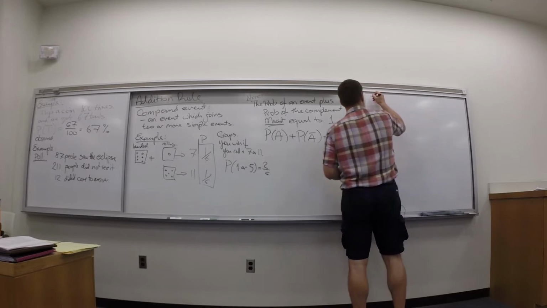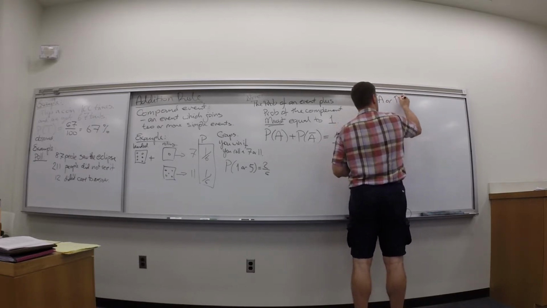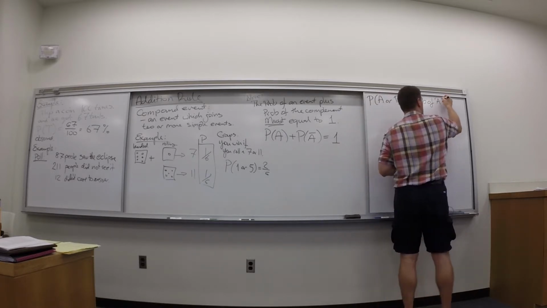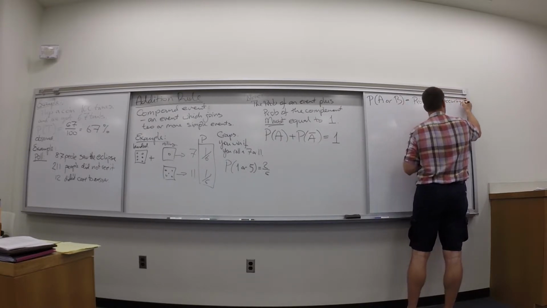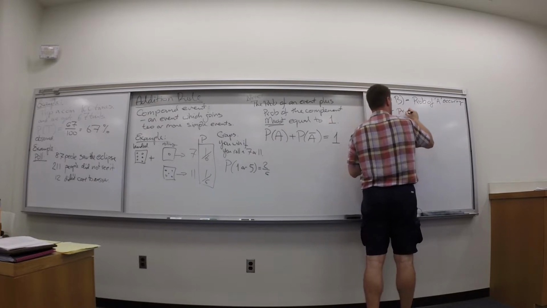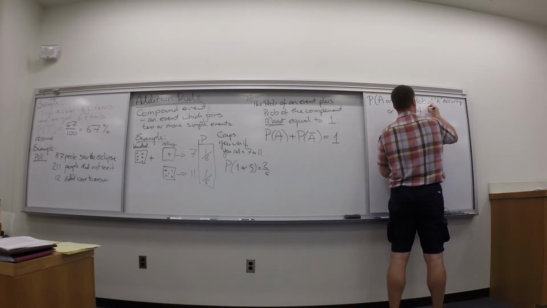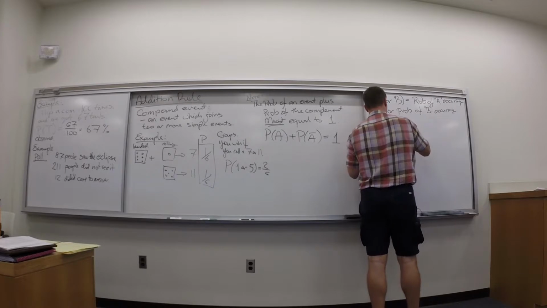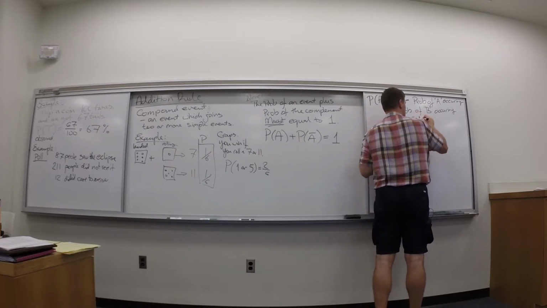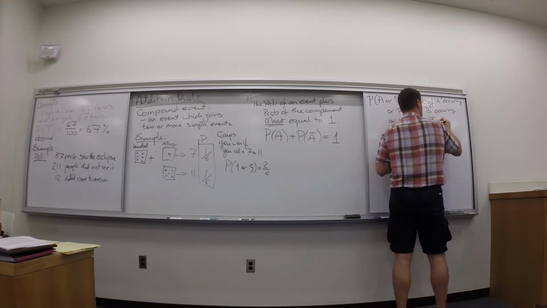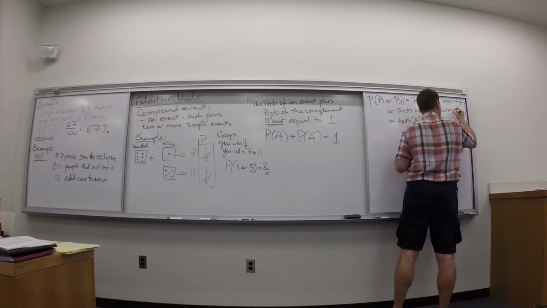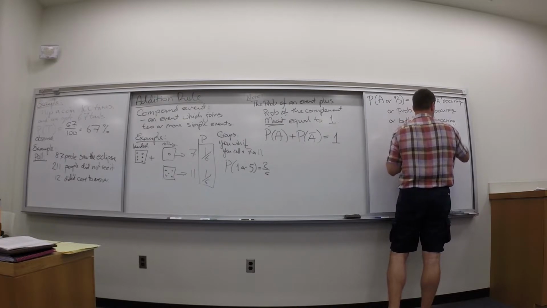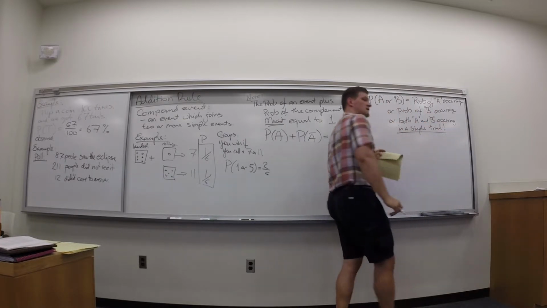So in this class, we're going to say the probability of A or B is defined as the probability of A occurring, or probability of B occurring, or both A and B occurring in a single trial.